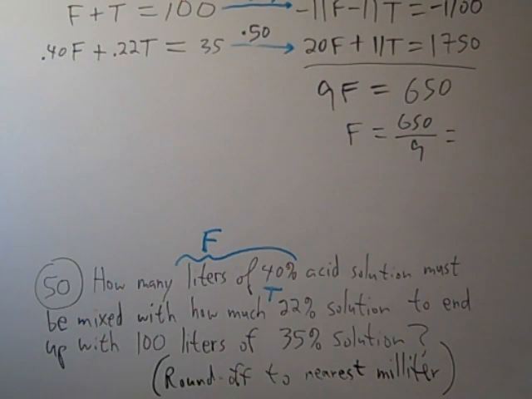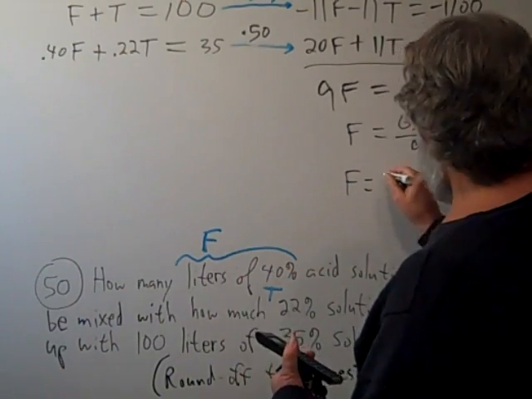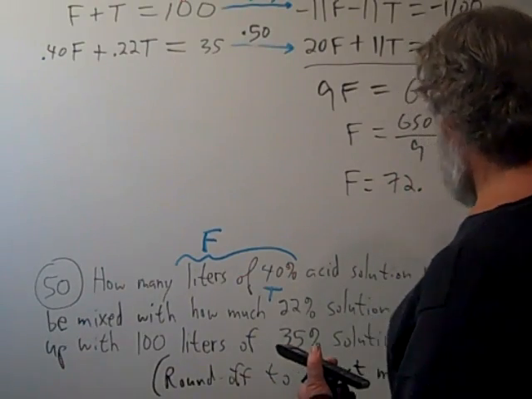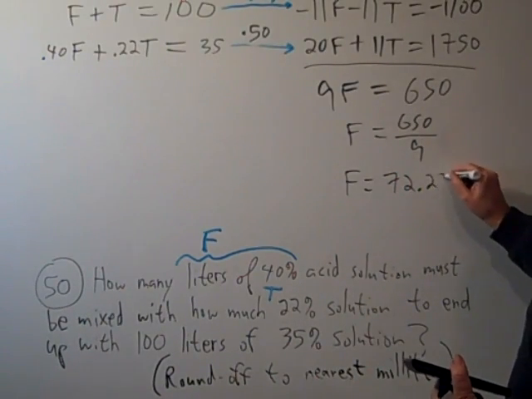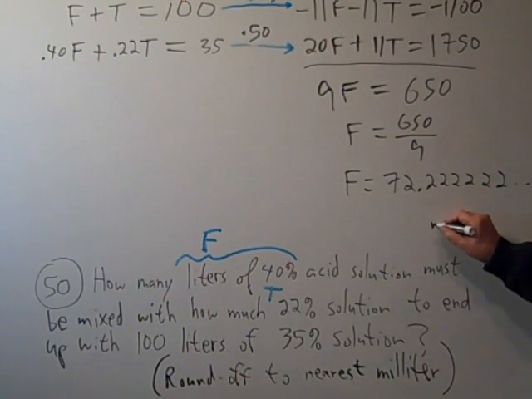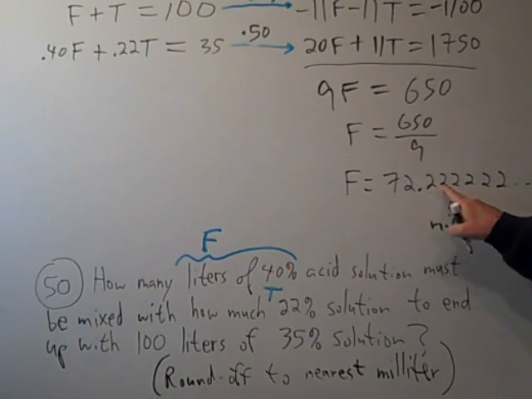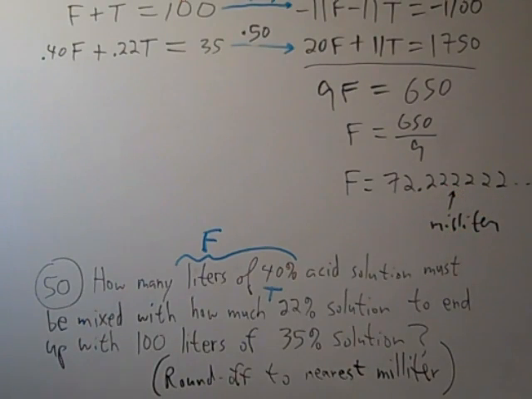And let's see, 650 divided by 9 is about 72.222222222. Lots of twos, but we're supposed to round off to the nearest milliliter. Milliliter is thousandth of a liter.